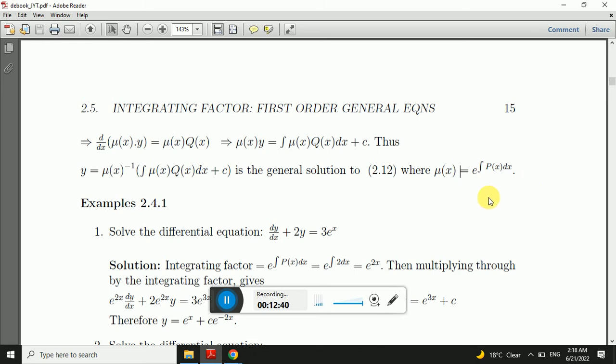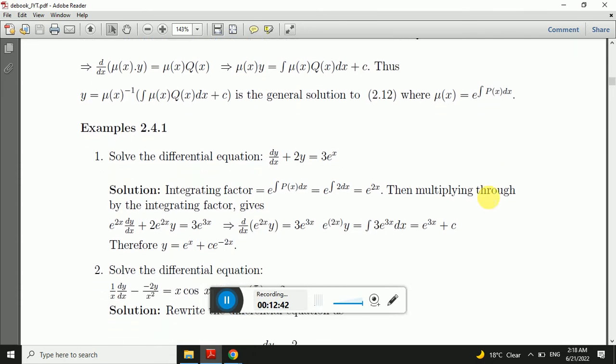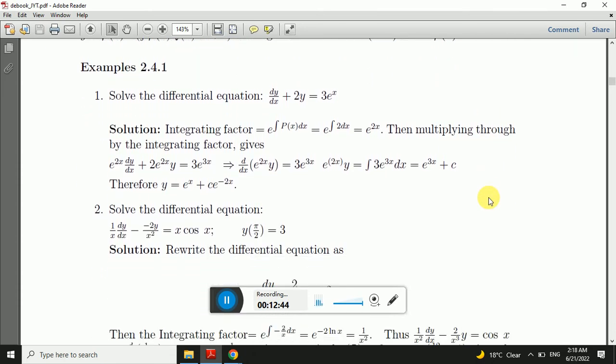Okay, let's look at an example. So if you look at this first example here, you have dy dx plus 2y equaling 3 e to power x.